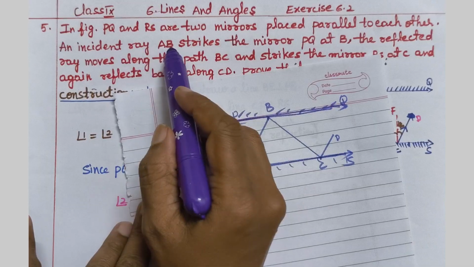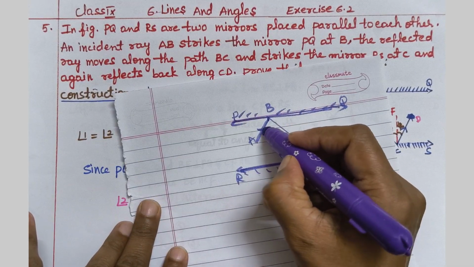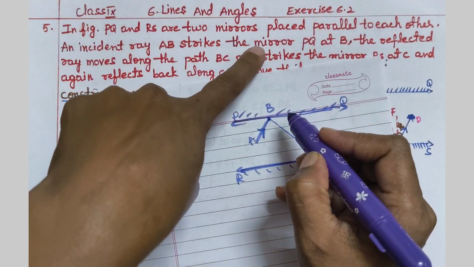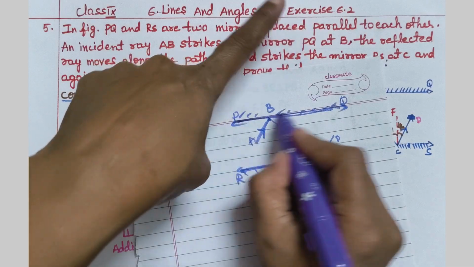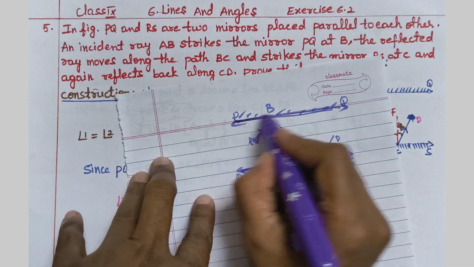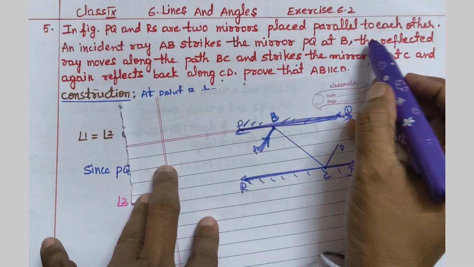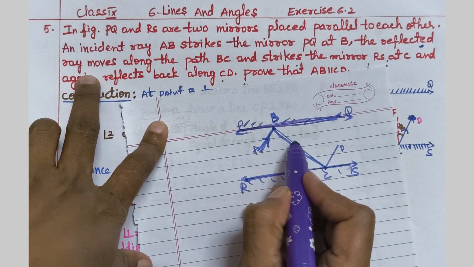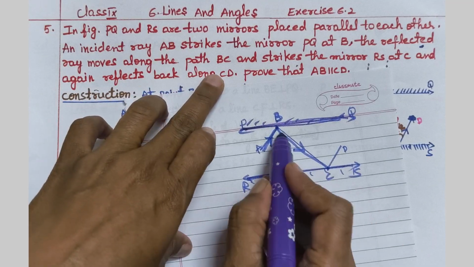An incident ray AB strikes the mirror PQ at B. Next, the reflected ray moves along the path BC.